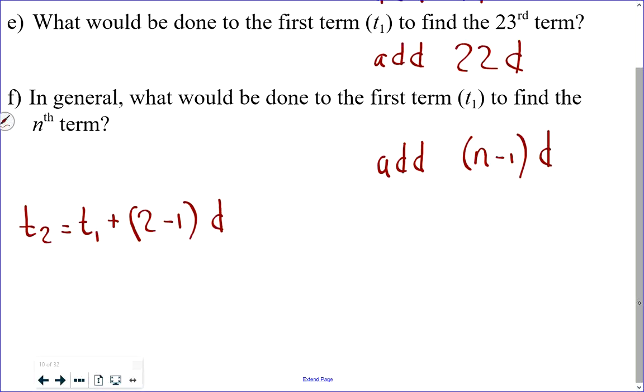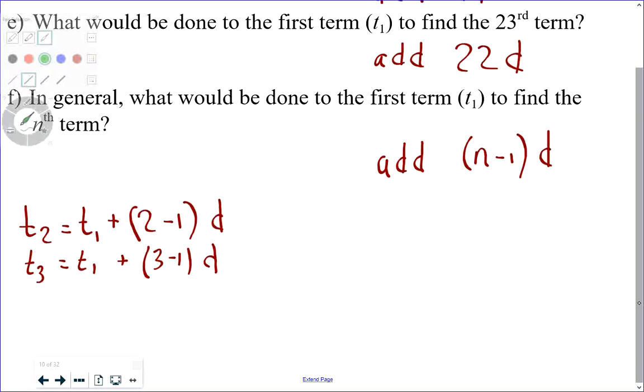And I would like everybody to mentally digest what I've just written. This is saying the second term is the first term plus 2 minus 1 common differences. The third term is the first term plus 3 minus 1 common differences. And I'm hoping that it's sinking in that this number is this number.